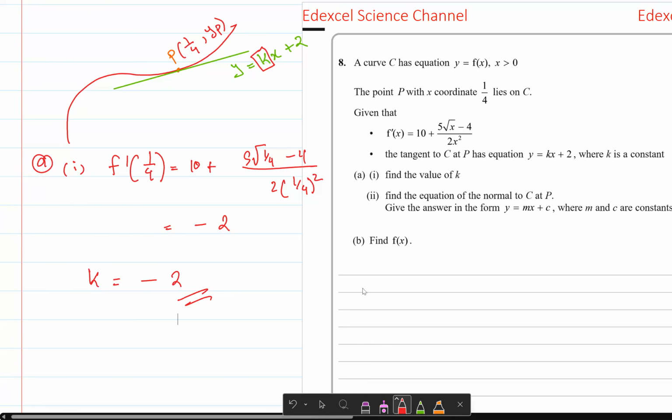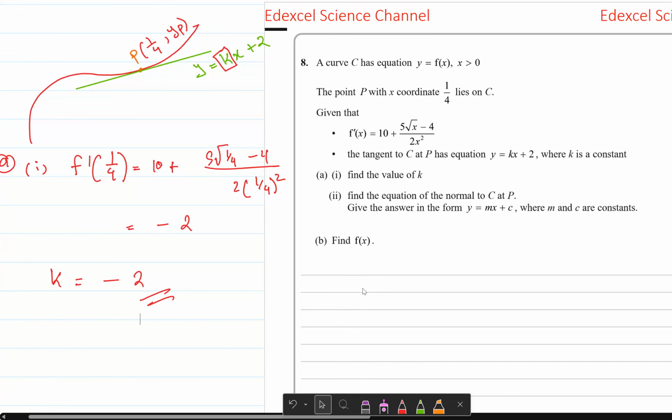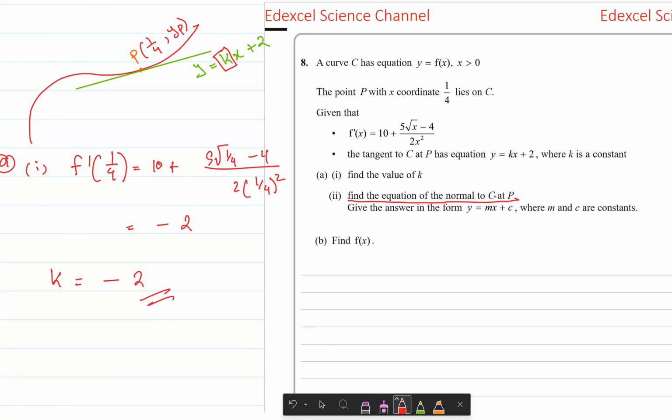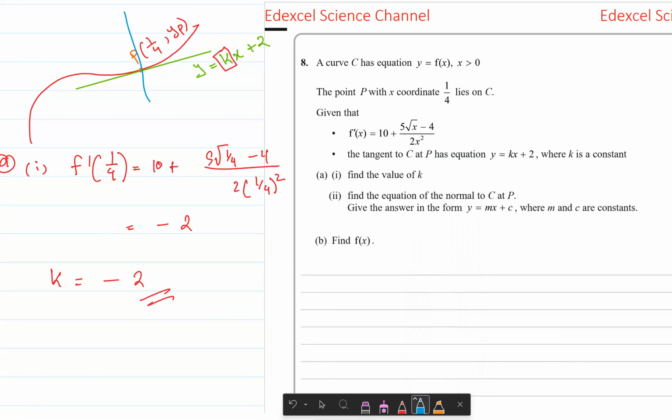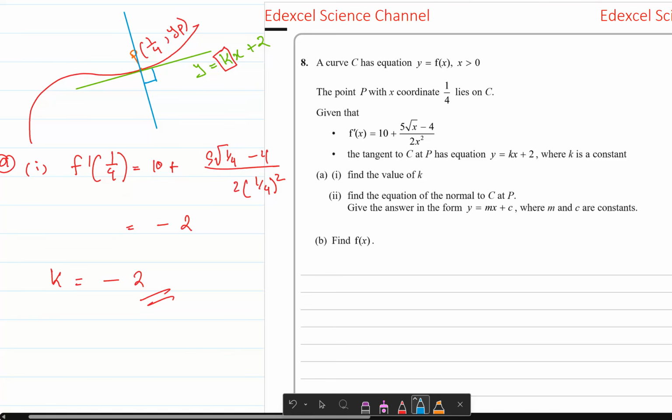All right. Now, they are telling us to find the equation of the normal to C. So let me use a different color, let's say blue. They are now drawing a line at point P which must be 90° to our tangent, which is the green line.